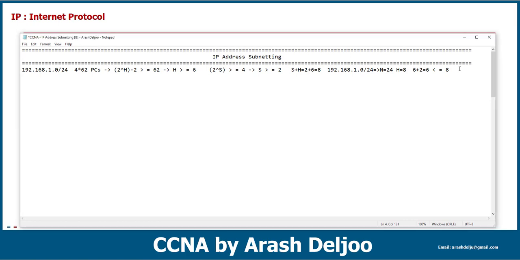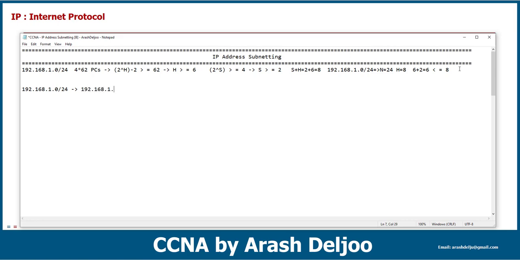But let me start with designing the 4 networks, with each network having 62 IP addresses, or 62 hosts. Look at here. This is 192.168.10.0/24, and as you know, here we have 192.168.10.